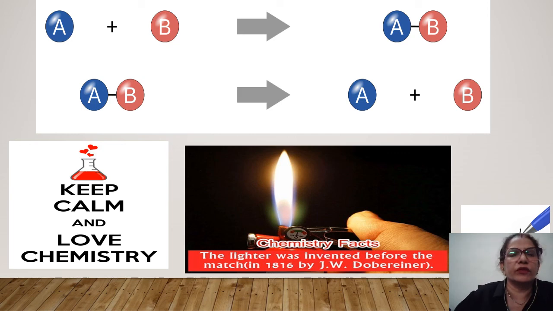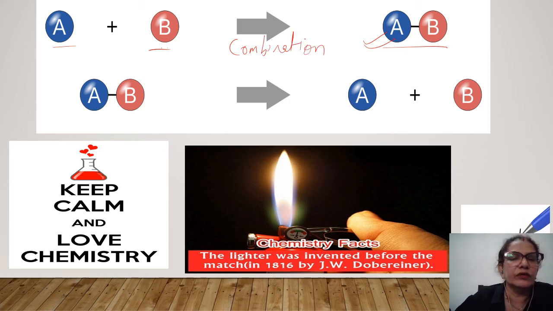So this is what we have learned. What is the first reaction? Can you just guess? A plus B giving AB. What does it indicate? Two or more substances combining to form a single substance. So it is combination. Very good. Wonderful. So you have understood this. Now here we have a second example, a single substance giving two or more substances.